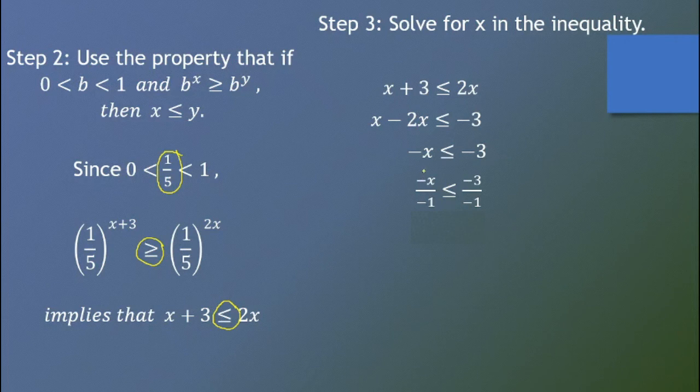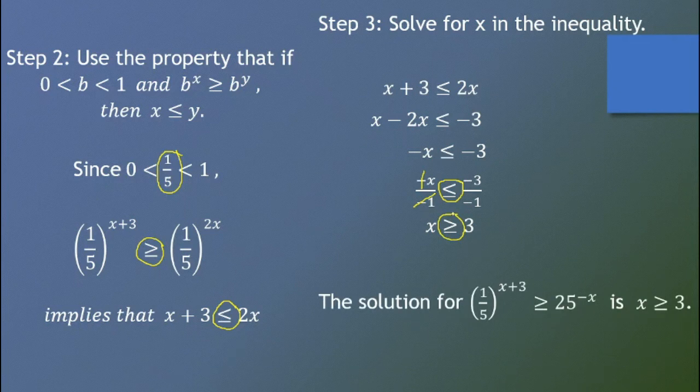So, kapag dinivide natin siya, mawawala na si negative, cancel na. And then dahil negative 1 yung ating dinivide, kailangan natin i-reverse yung symbol. So, si less than dito magiging greater than. So, the solution for the given is x is greater than or equal to 3.